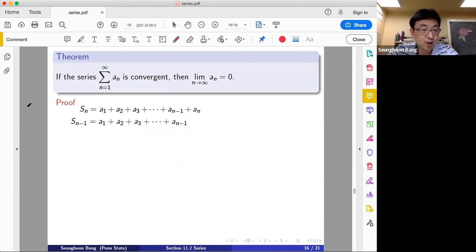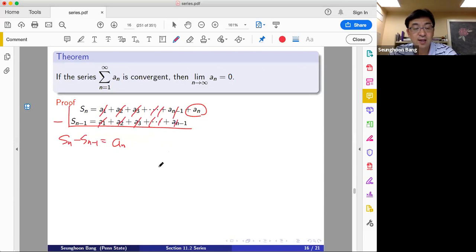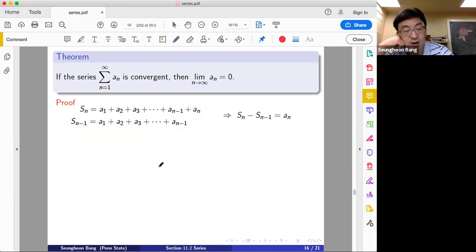Next, subtract. What's that? Sn minus S sub n minus 1: a1 minus a1 cancelled, a2 minus a2 cancelled, a3 minus a3 cancelled. All cancelled. What's the remaining thing? Only an. So we have it: Sn minus S sub n minus 1 equals an.